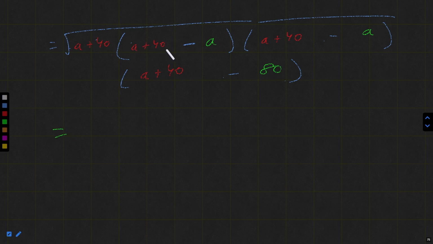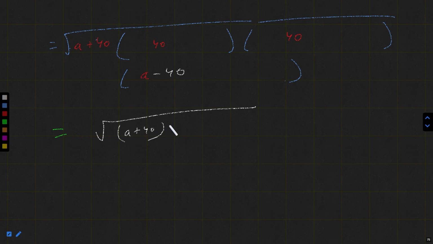A plus 40 minus A, both A's get cancelled. The only term remaining is 40. Here A also gets cancelled, and A plus 40 minus 80 is equal to A minus 40. In total we have A plus 40, A minus 40 and 40 times 40.